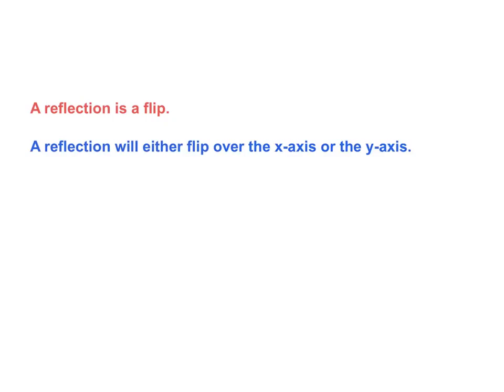Another reflection is a flip. And it literally just means flip it over. Now, when a reflection, when a parent function flips, it's going to do that over the x-axis or over the y-axis.